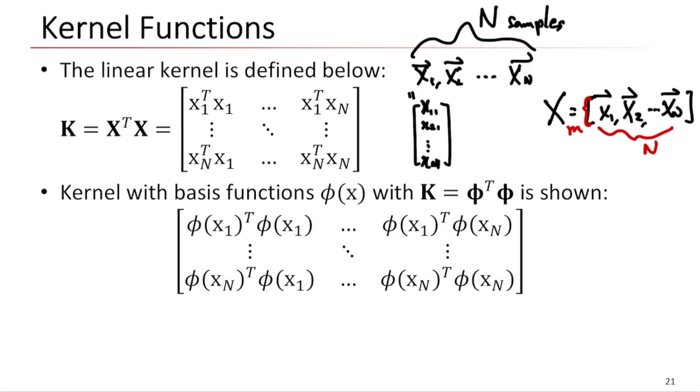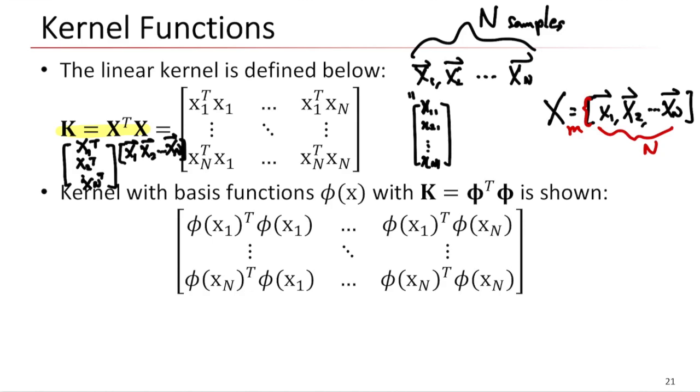So in this case, let's compute the kernel K equal to X transpose times X. So what does it mean? X transpose is going to be x1 transpose through xn transpose, multiplied with x1, x2, through xn, right?